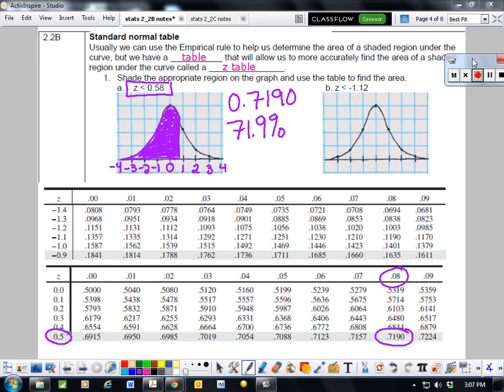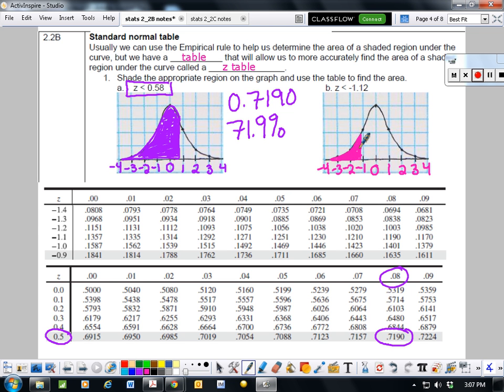On our next problem, we're going to do the same sort of idea. We're going to label our 0, 1, 2, 3, 4, negative 1, negative 2, negative 3, negative 4. I want to know what percentage of my scores, or probability, have a z-score less than negative 1.12. So I'm going to go to the negative side, and I can see by my shading that my answer should definitely be less than half.